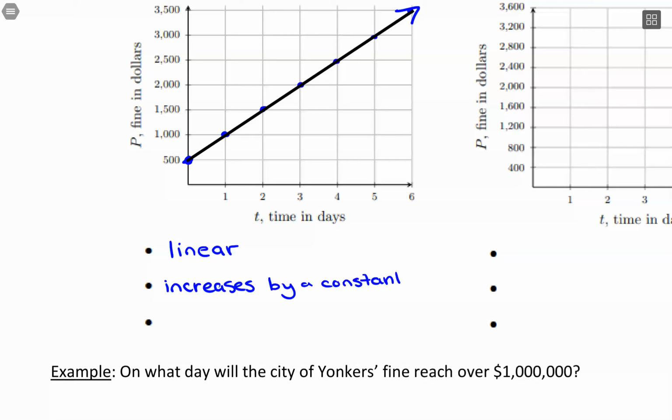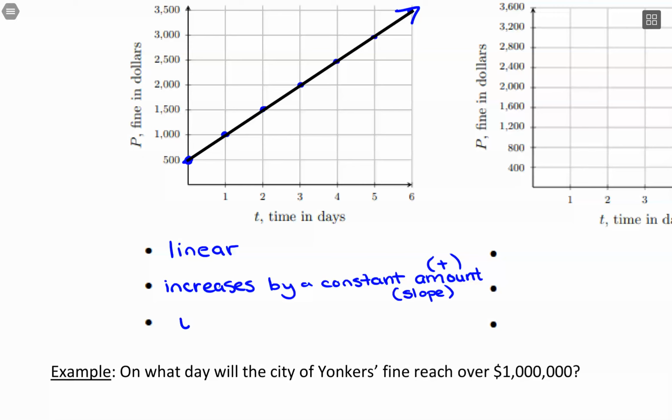It's a constant amount that's being, in this case, added on. For linear, it could also be subtracted. That's the idea that we're adding on this amount, and it being a constant amount that we're adding on, that's our idea of slope for a linear function.